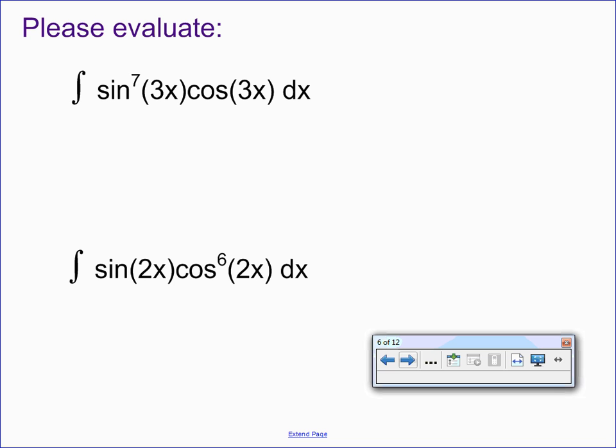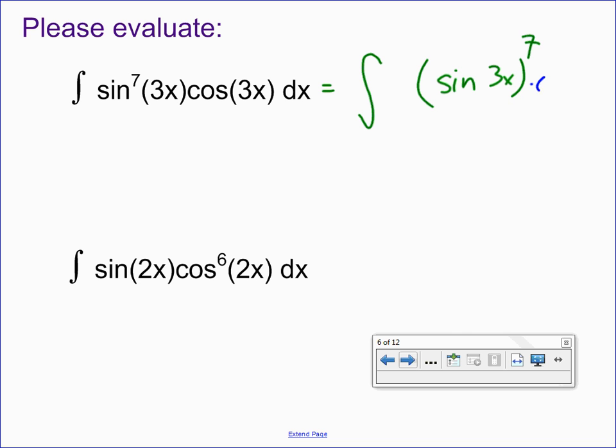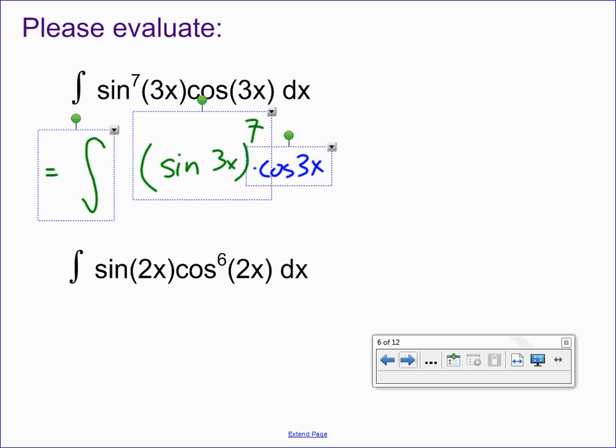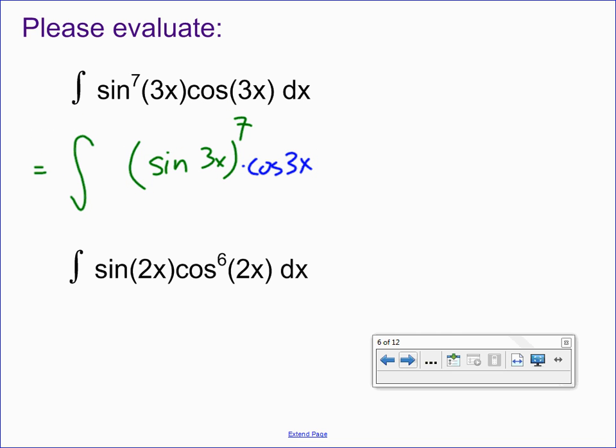And so if we're considering this overall as a power function, which I heard several of you talking about, I need to make sure I provide for the derivative of the base in accordance with the chain rule.